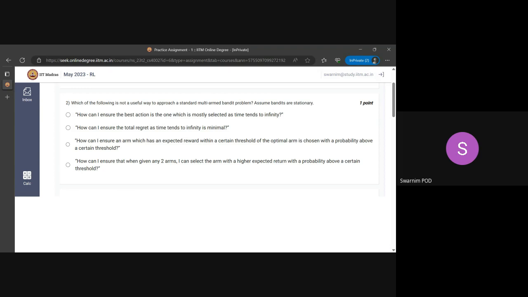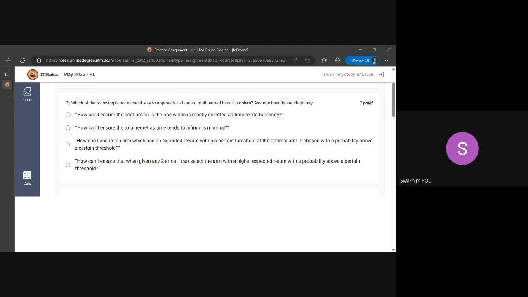At any point of time, if you have any questions, just raise your hand. Point number 3 is, how can I ensure an arm which has an expected reward within a certain threshold of the optimal arm is chosen with probability above a certain threshold? So this you're saying corresponds to PAC. Yes.